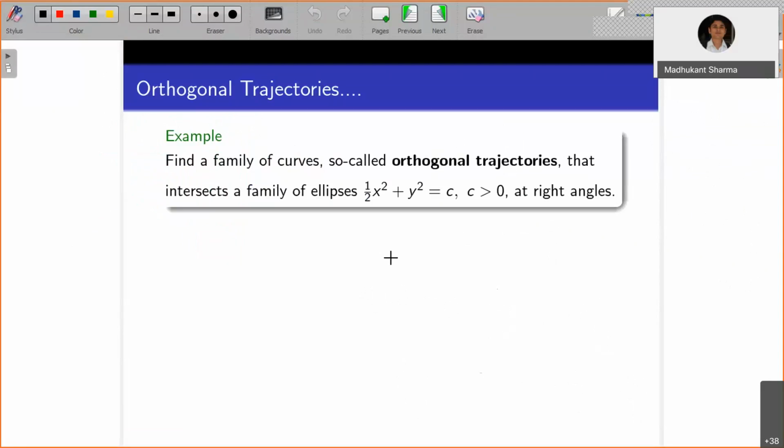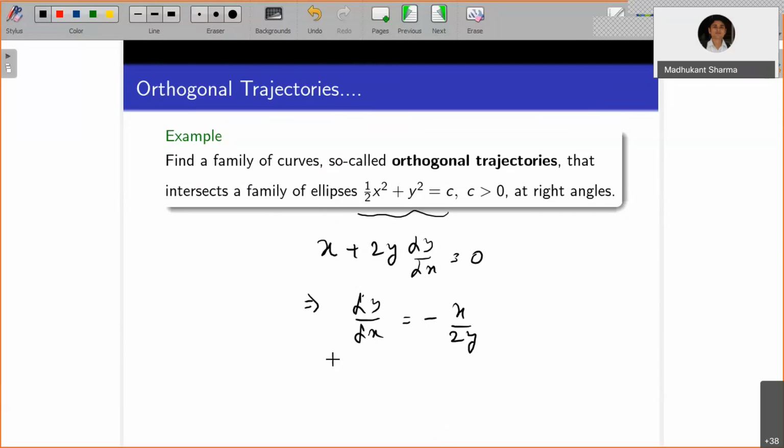Let's consider this family of ellipses and find the curves intersecting it at right angles. This is straightforward: differentiating both sides with respect to x, we obtain x plus 2y dy by dx equals 0. This gives dy by dx equals minus x by 2y.